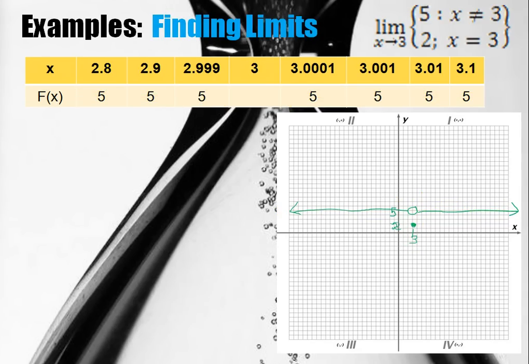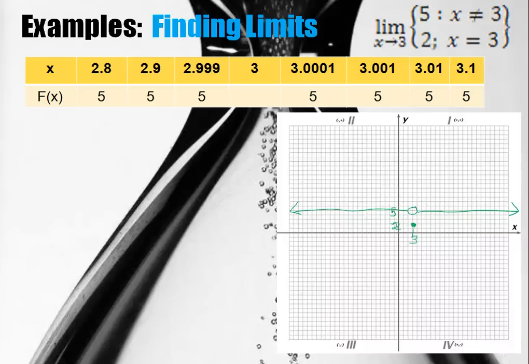Now, this problem looks almost identical to the last one we did, but there's a slight difference. Notice the piecewise function that defines this function. The value of the function is 5 everywhere except for when x is 3. When x is 3, the value of the function is actually 2.